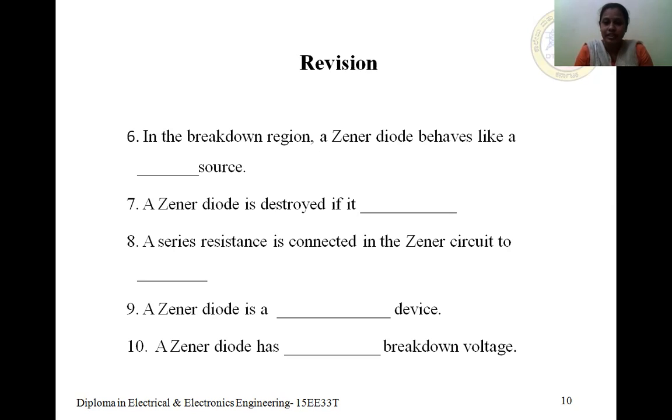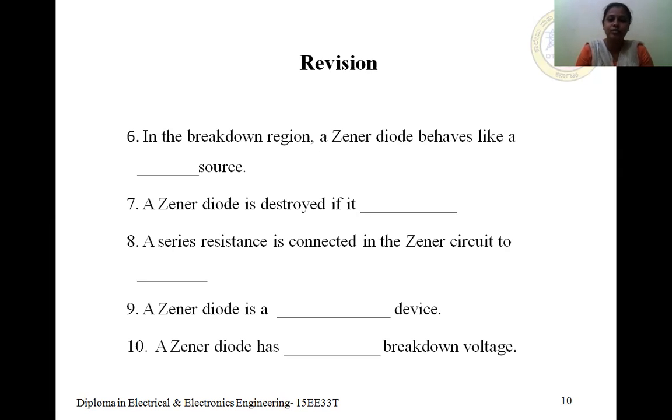With this increase in the current, the Zener diode is not destroyed. It is destroyed when the current exceeds the rated value specified by the manufacturer. So the answer for the seventh question is current more than the rated.